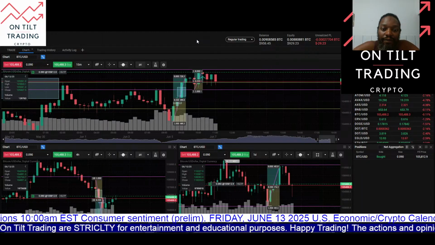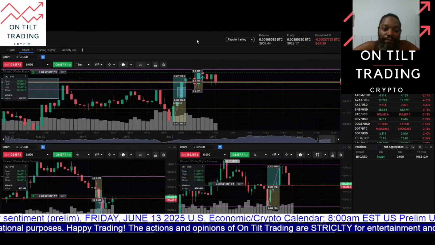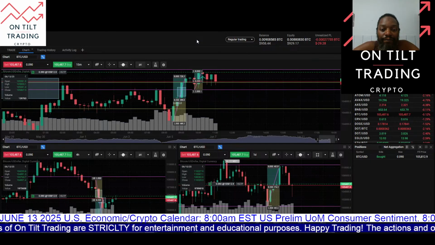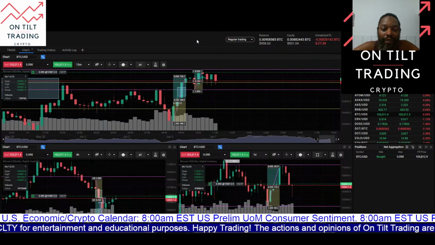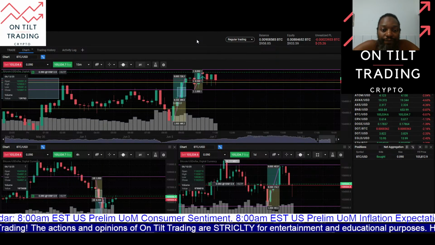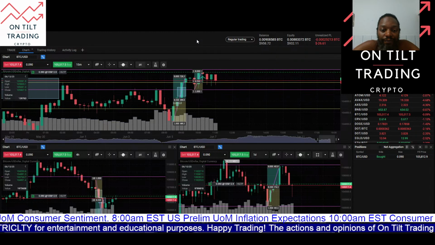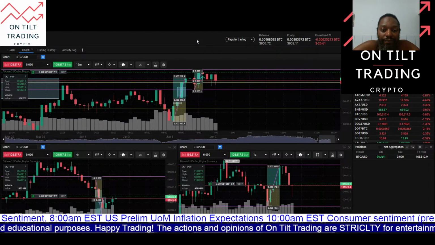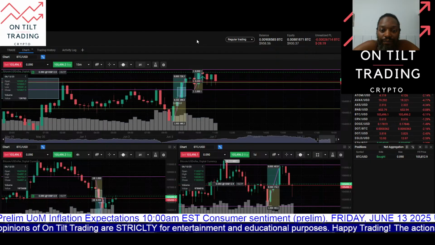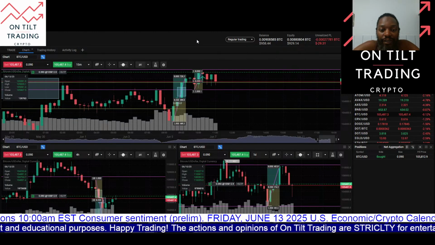Back to retest. And the price is reacting off of that level again, going higher. Selling again. Another retest, the structural range high.